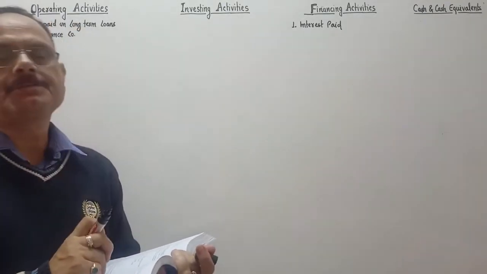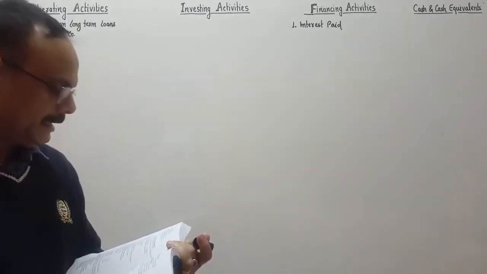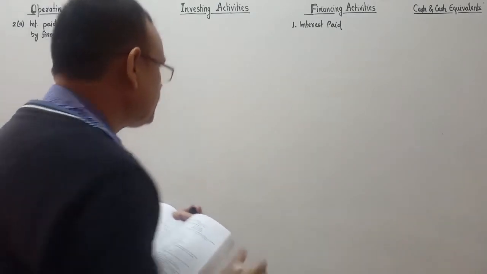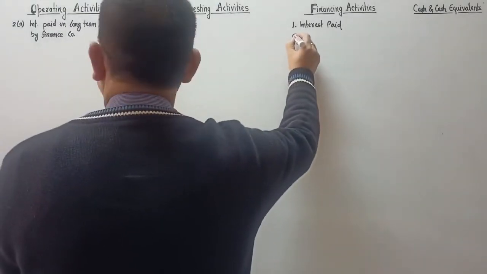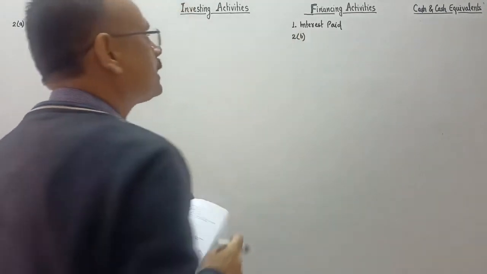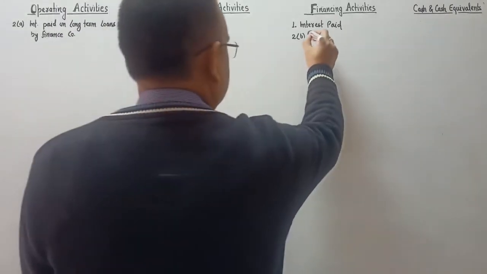And the same is for a non-finance company. If the interest is paid, then it comes under the financing activities, which means 2B will come under the financing activities if it is a non-finance company.